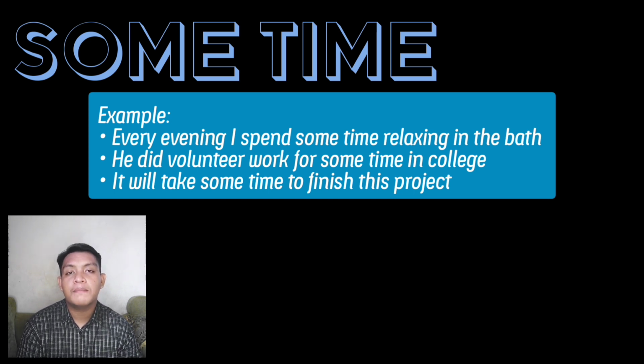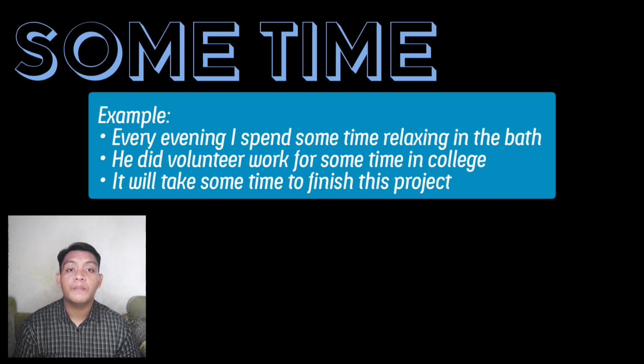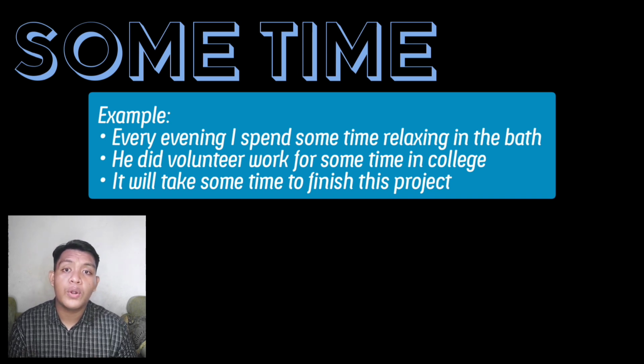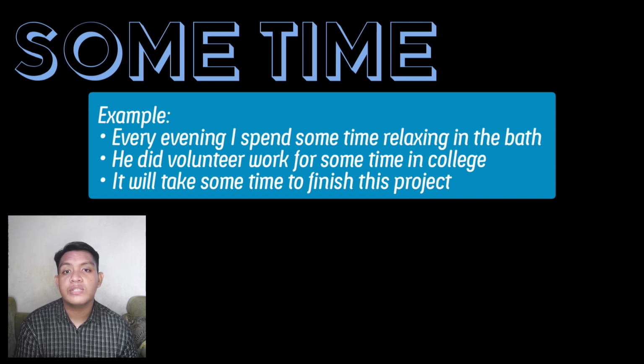And the last example is I will take some time to finish this project. And we don't say how long the period of time is. It might be an hour, a couple of weeks, or a year. Some time can be used in the past, present, or future, as you can see from the three examples.